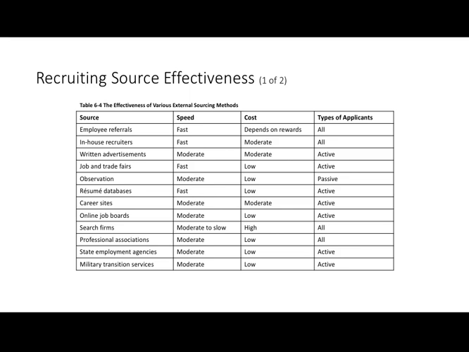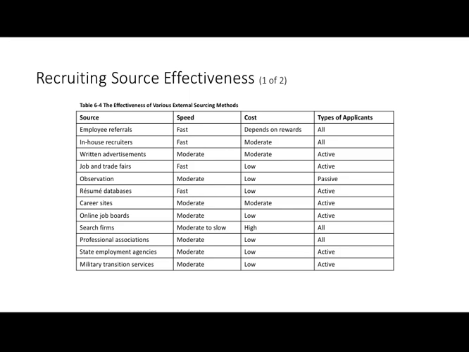And then the moderate cost, because it's not expensive like a headhunter would be, but it is still a cost to get online, to have access to certain types of resumes. And then ultimately, would you get active or passive recruits? It probably gives you only active recruits, because those are people who are advertising their resumes with the job site. So people are going to be searching and scanning their resumes because they're actively looking for jobs.